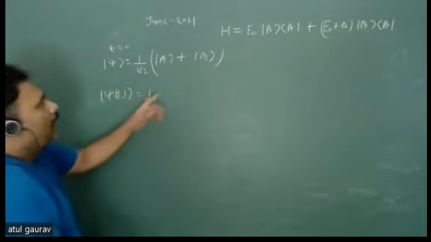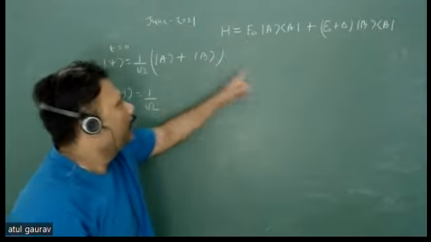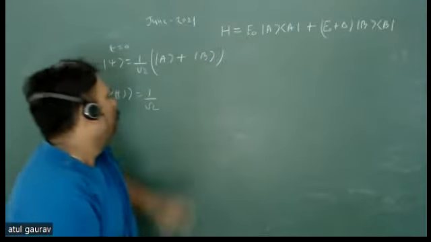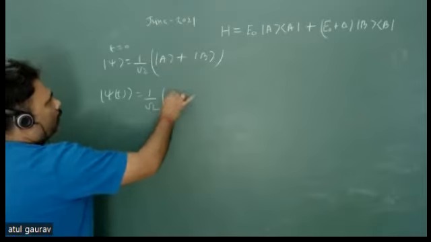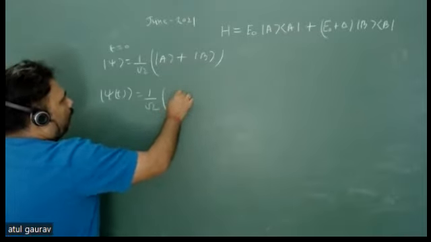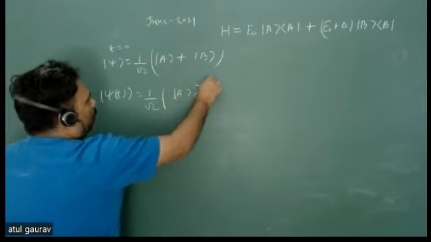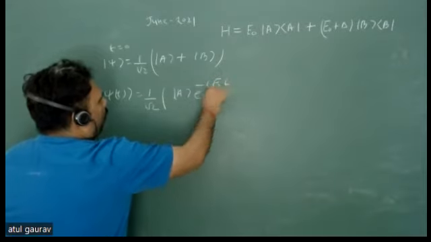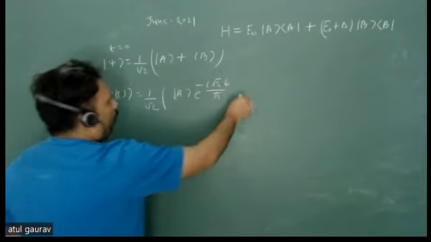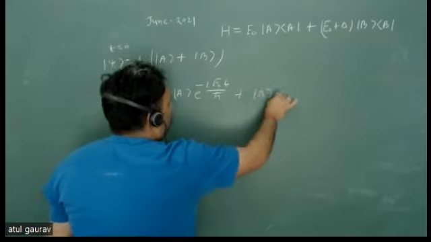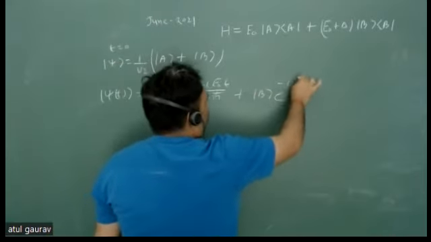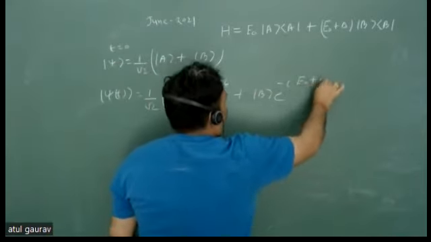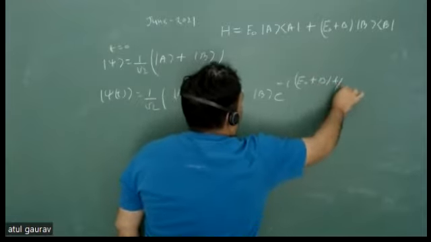Hence, we have eigenvalue E0 for |a> and eigenvalue E0 plus delta for |b>. So that value is A e to the power minus i E0 t upon h cut |a> plus B e to the power minus i (E0 plus delta) t upon h cut |b>.